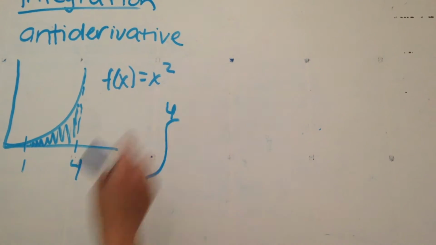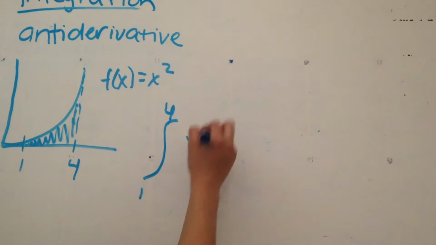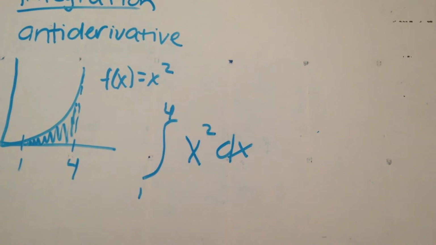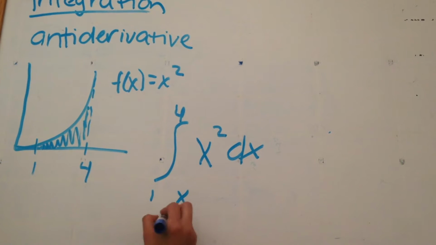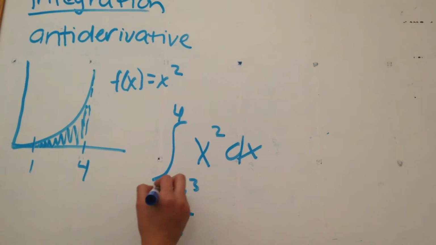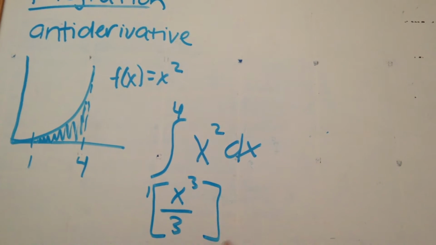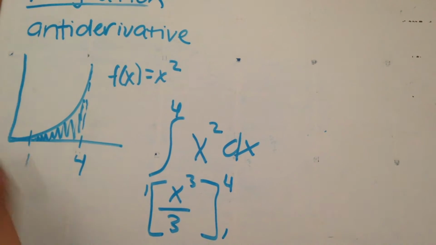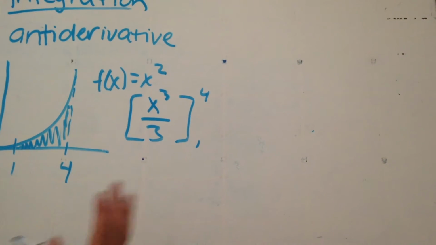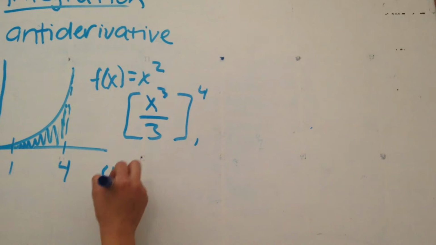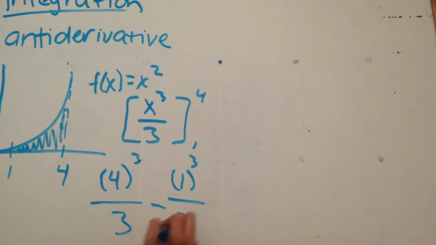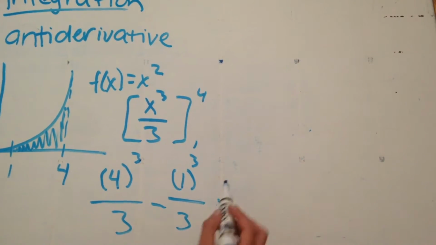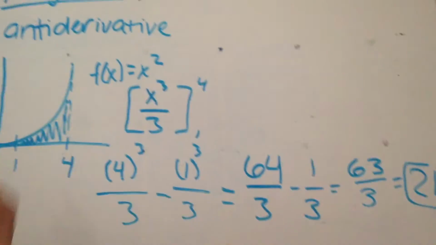As x goes from 1 to 4, you want to find the antiderivative of x squared, which, as we know, would be x cubed over 3, and this is the notation from 1 to 4. So you plug in 4 first, and then minus plug 1 into the equation, which is the area under the curve.